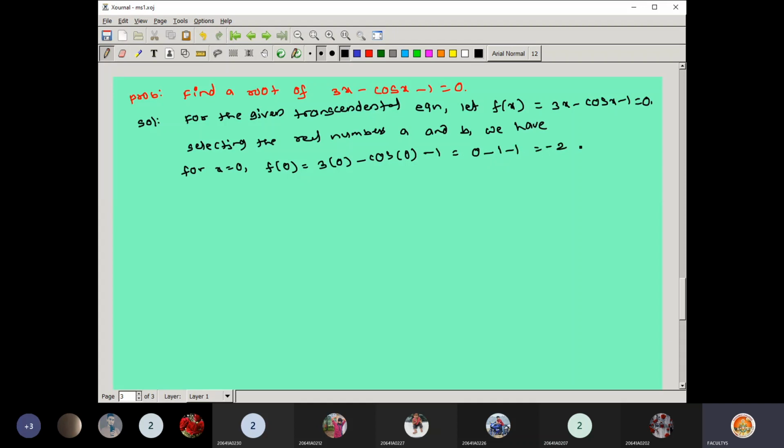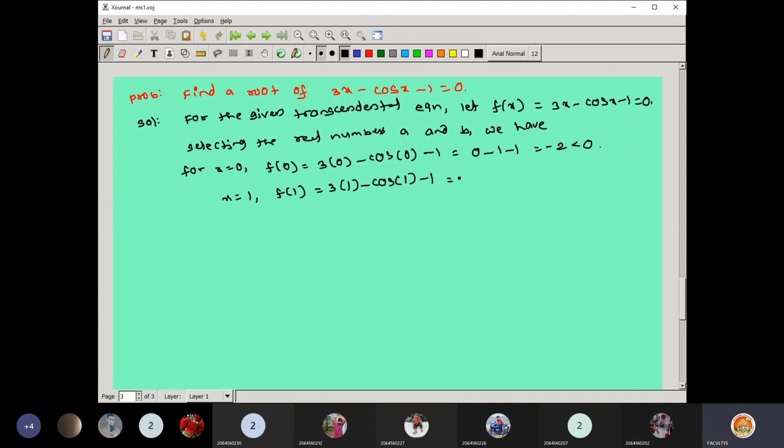Finally you are getting minus 2, that is less than 0. Now you are going to the next x value, x equal to 1. F of 1 is 3 into 1 minus cos of 1 minus 1. Better use the calculator because it is involving trigonometric terms. It should be in radians only. So 3 minus cos 1, 1.40.